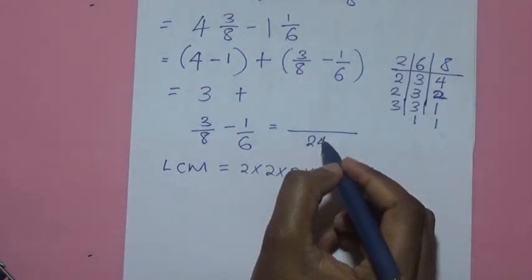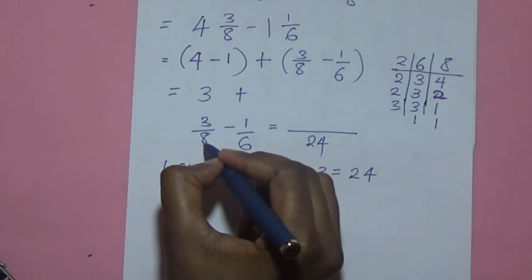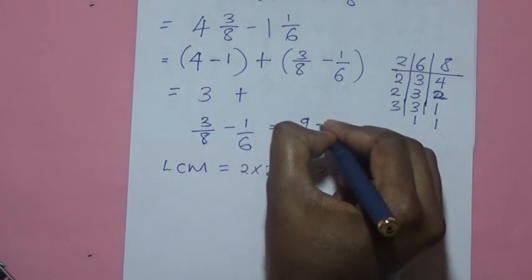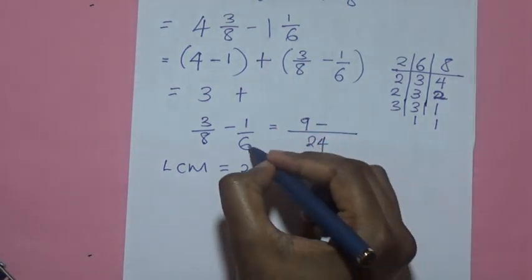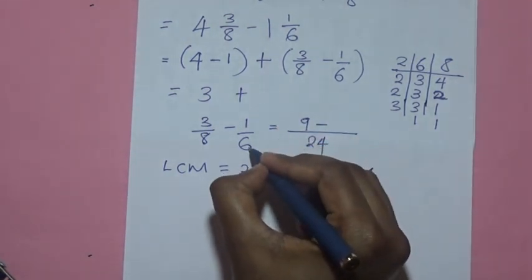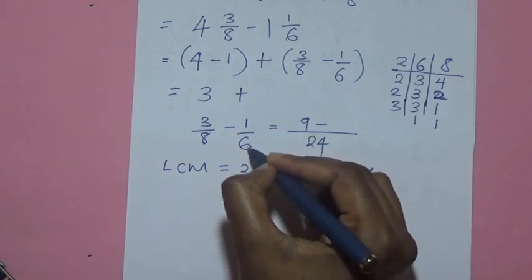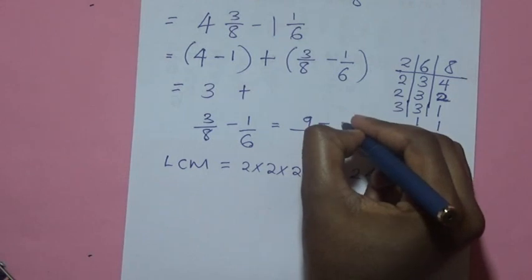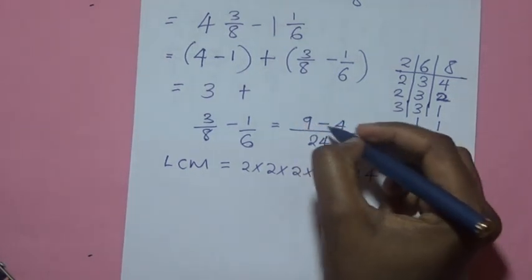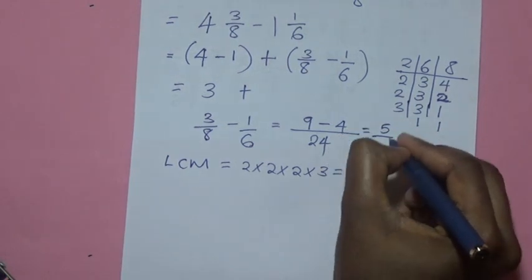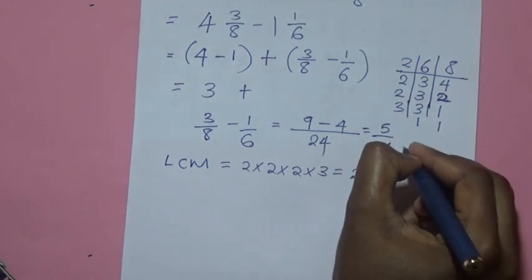We take 24 divided by 8 is a 3, multiplied by a 3 gives us 9, minus 24 divided by 6 will be 4, multiplied by 1 gives us 4. So 9 minus 4 gives us 5 over 24.